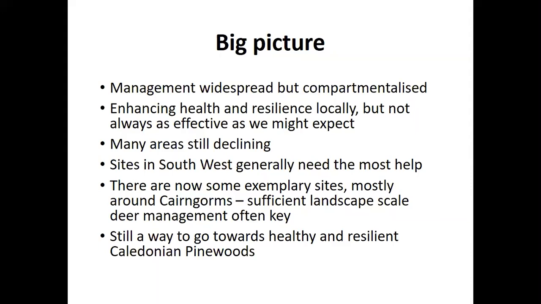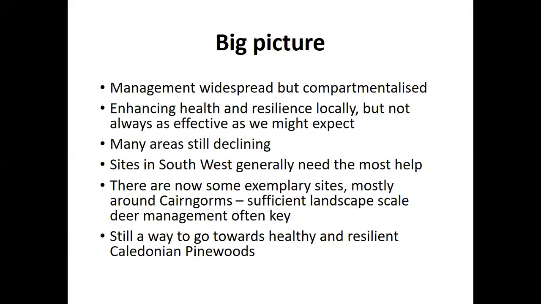I'm afraid I'm not sure of the answer to that. With Caledonian pinewoods, it's probably not that many species that are solely dependent on it, because obviously we have some quite old pine plantations as well. So a lot of the things that rely on old Scots pine might now be supported in those old pine plantations.